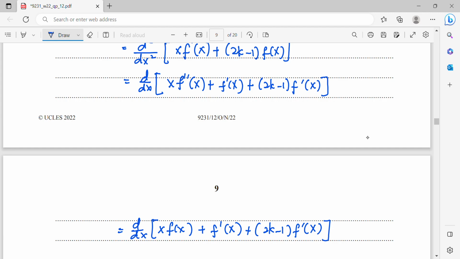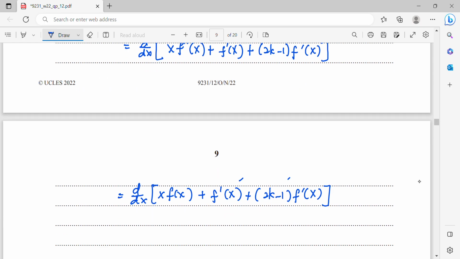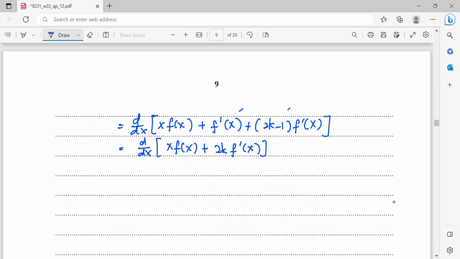Or probably you can simplify these two terms: it will be 2k f'(x). So now differentiate one more time to get the answer.